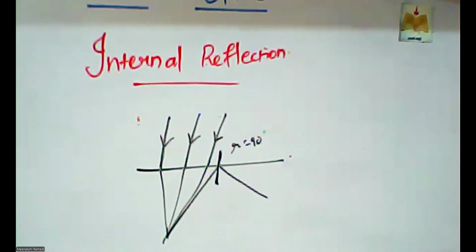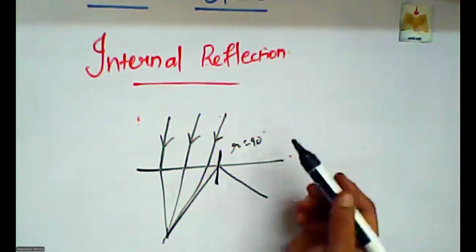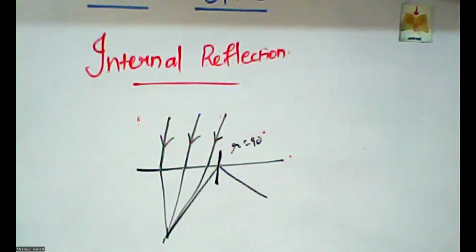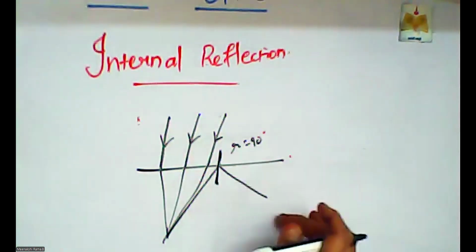The maximum value of r is 90 degrees, and that particular value of the angle of incidence is called the critical angle. At this angle the refracted ray lies along the surface of separation between the two media.